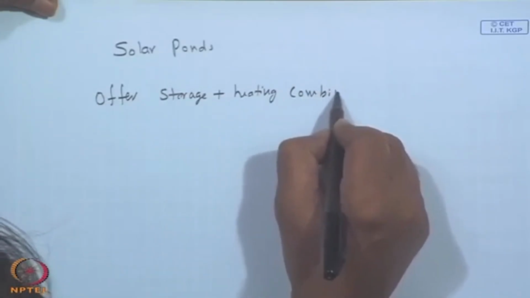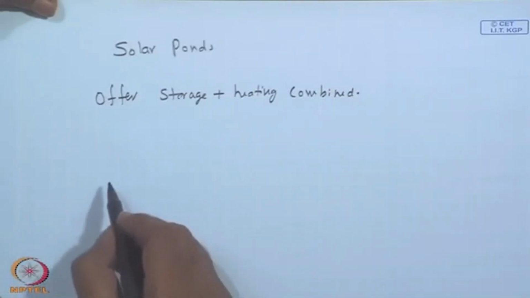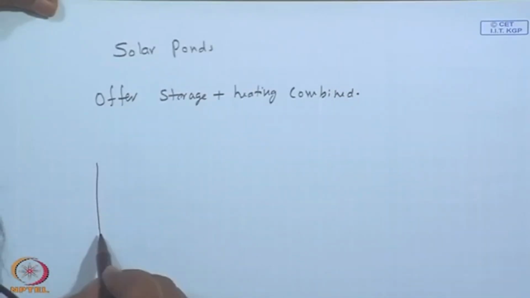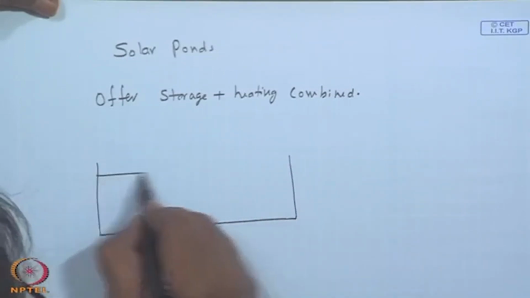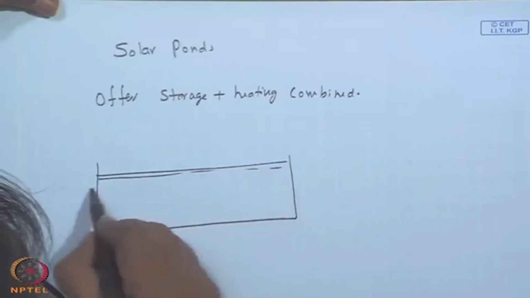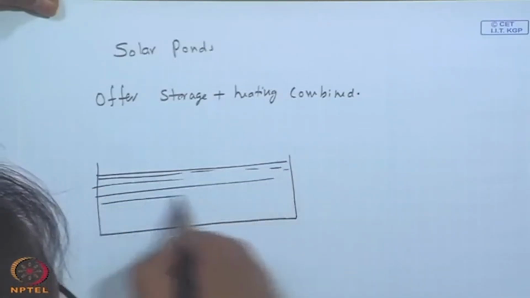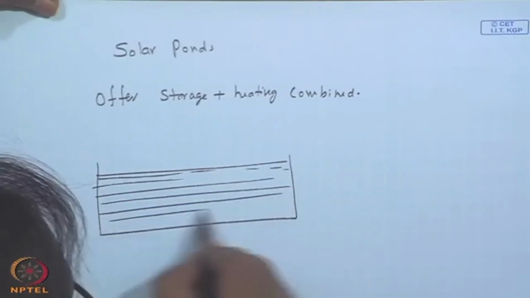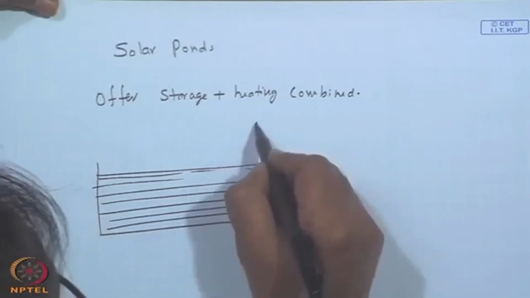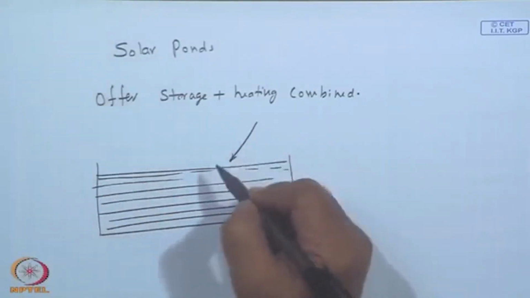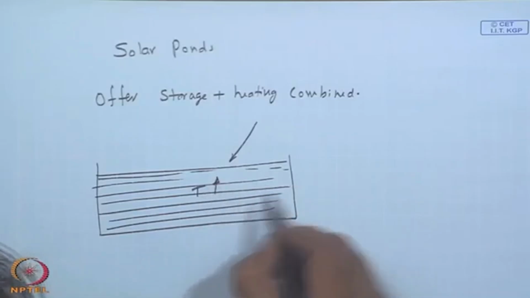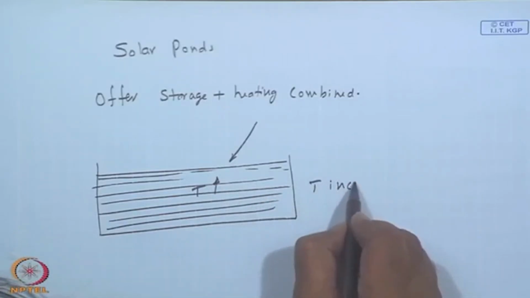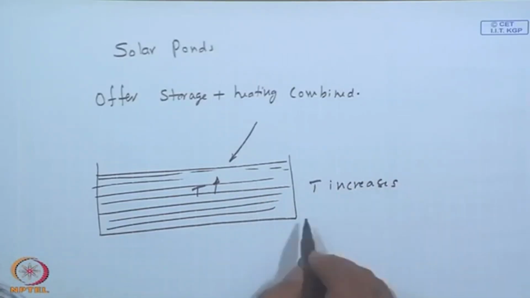If you take any ordinary pond, which I am representing just like this, there is water at some level, it could be a river, it could be a pond, a small tank. So there is the solar radiation, some of it will be absorbed. So the temperature increases, because of absorption.